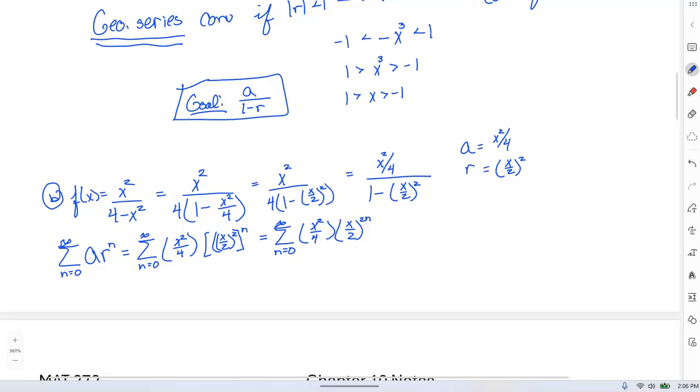And we could leave it like that, or if we wanted to, we could simplify this a little bit more. So it'd be perfectly fine to leave it that way. But if we wanted to, this is x squared over 4. And we could think about this x over 2 to the 2n as x to the 2n over 2 to the 2n.